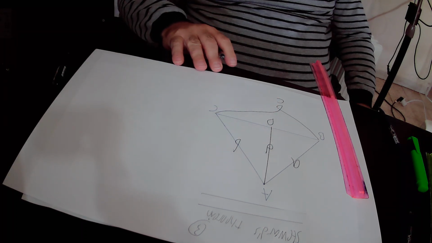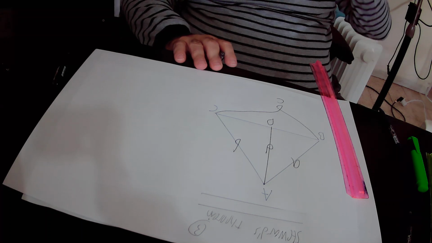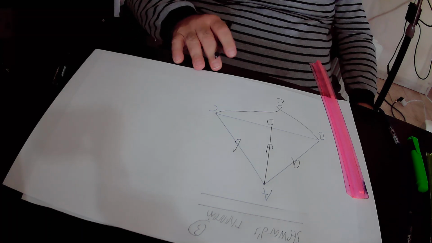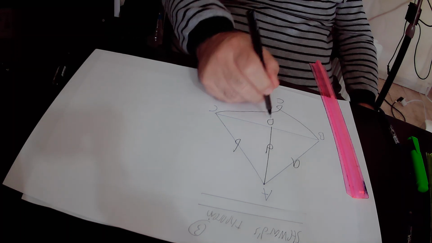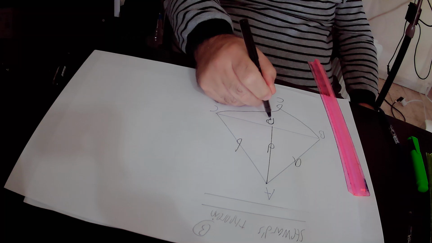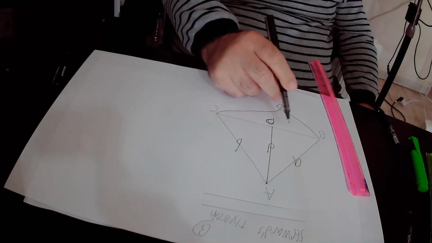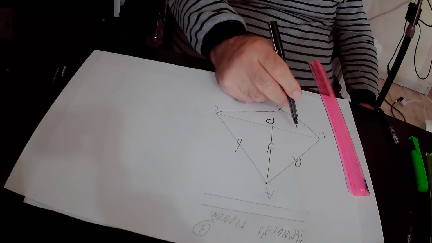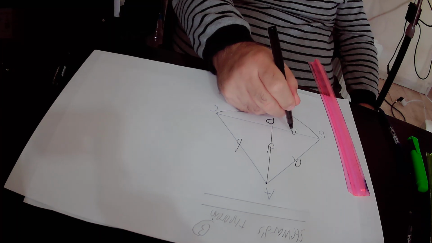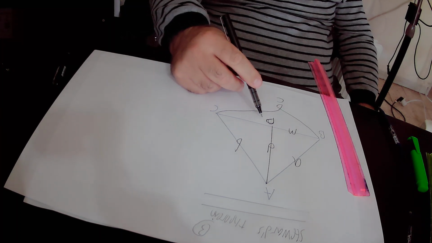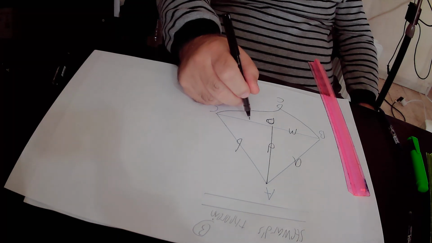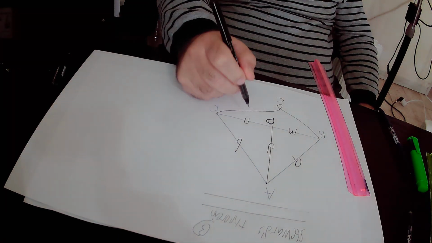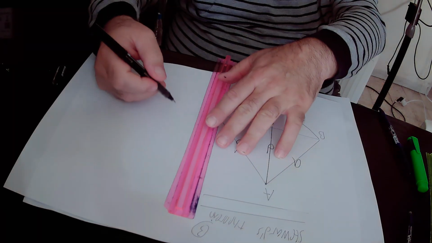In addition, we know that the length of this line segment BD equals M units in its length, and finally line segment DC equals N units in its length. Okay.